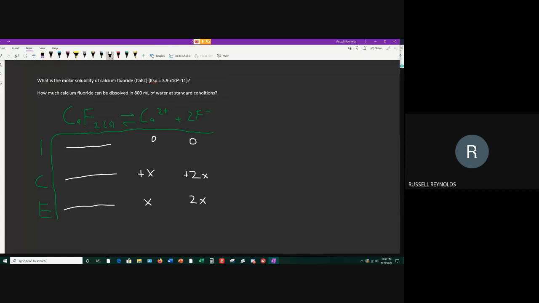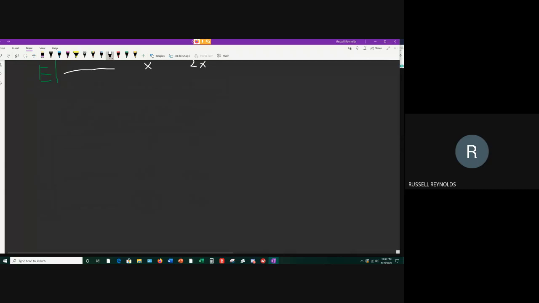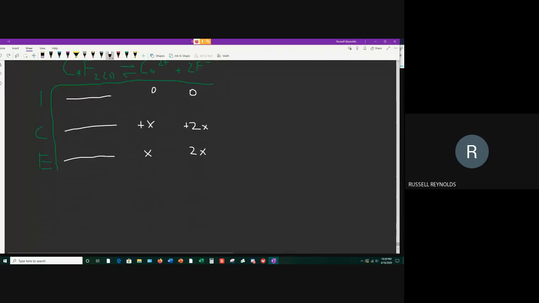So what we want to know is the molar solubility. And the molar solubility is going to be equal to x. So what we want to do is solve for x. So we will bring our Ksp down here.